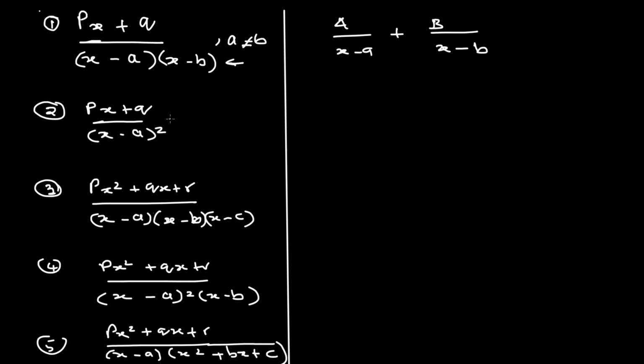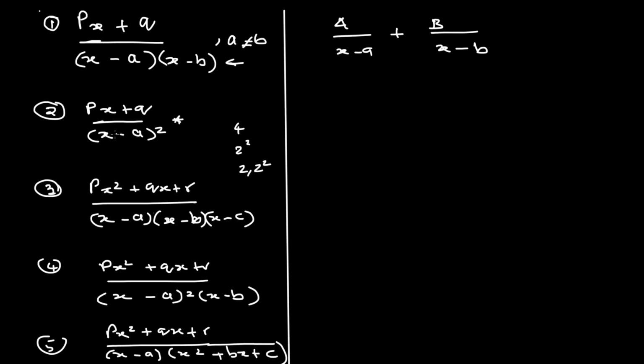Now, what happens when it comes to here? Again, you have to be very good at finding the factors. So what factors can I get from x minus A squared? I'll have two factors. The first is, I don't have the square. It's like I'm saying, what are the factors of 4? Okay, so the factors of 4, or if I say 2 squared, what are the factors of this? The factors are going to be 2 and 2 squared.